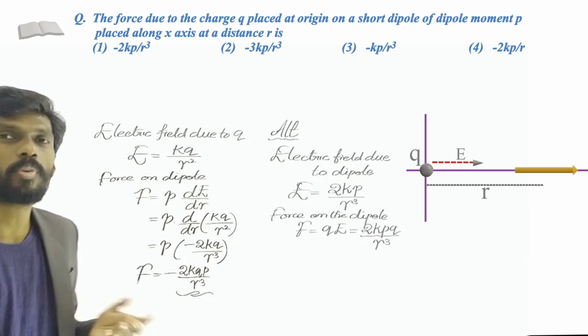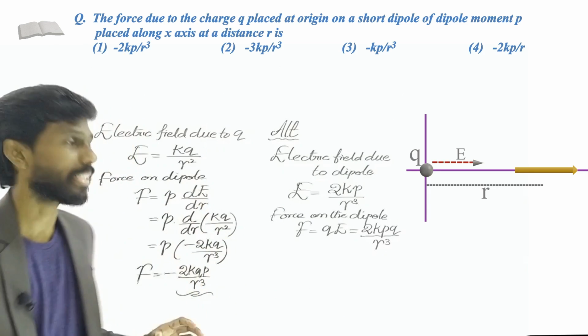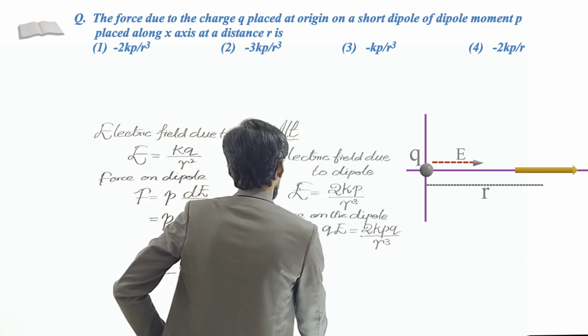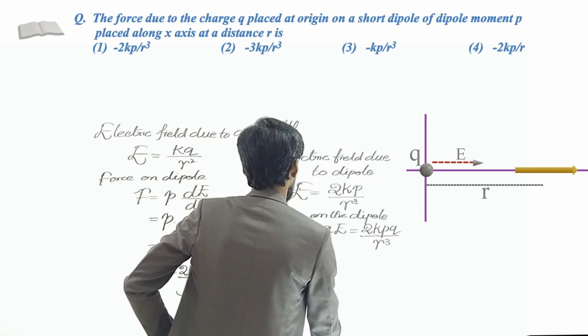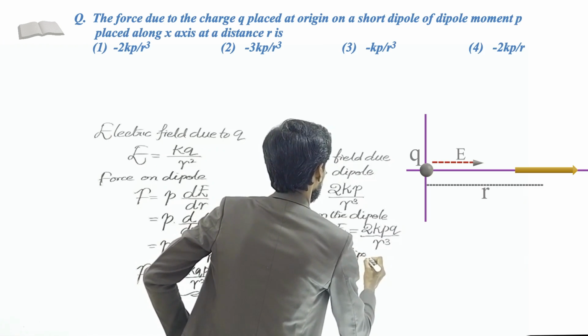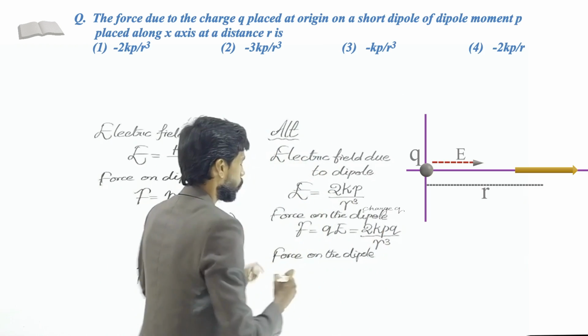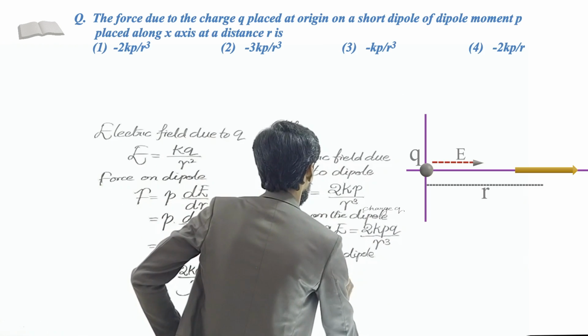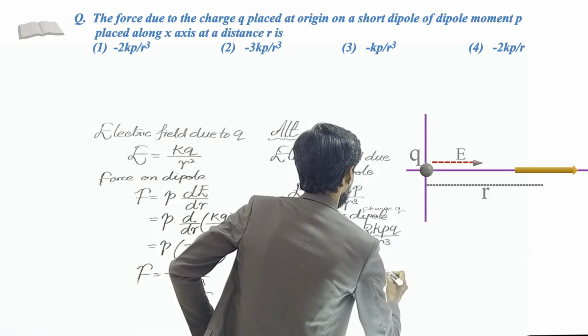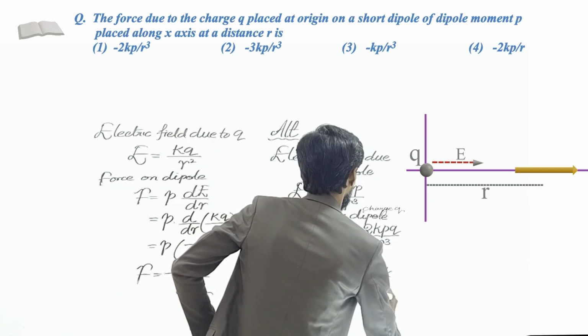Similarly, the force exerted by the charge on the dipole has the same magnitude but opposite direction. So this is the force on the charge q. Now the force on the dipole is the negative of that, so minus f, which equals minus 2kpq divided by r cube.